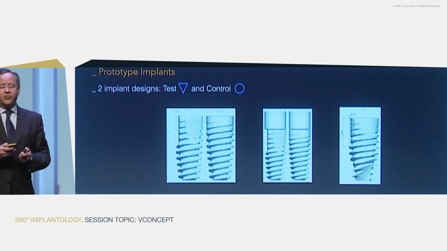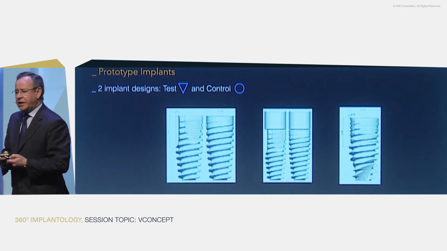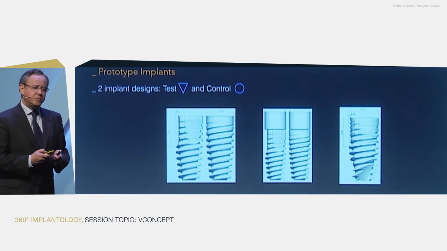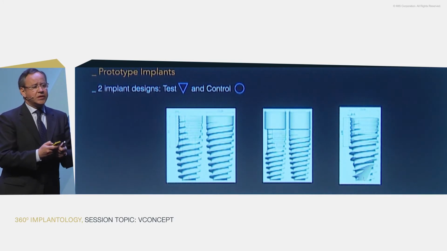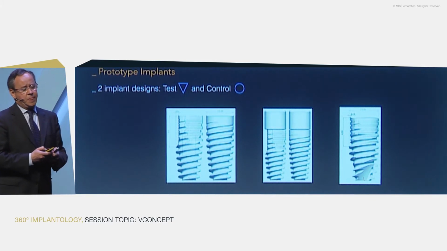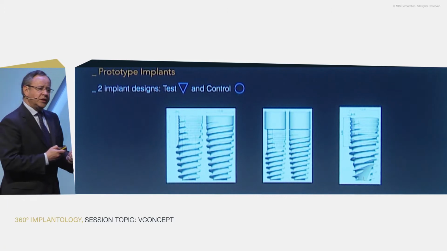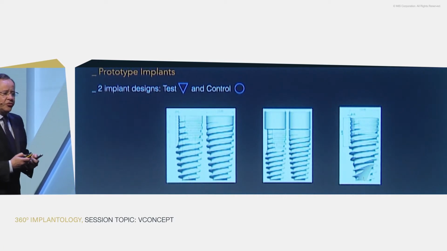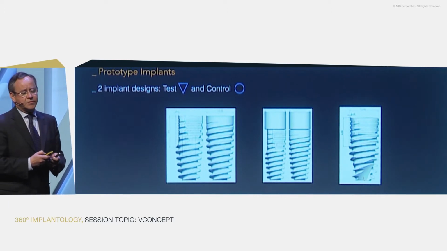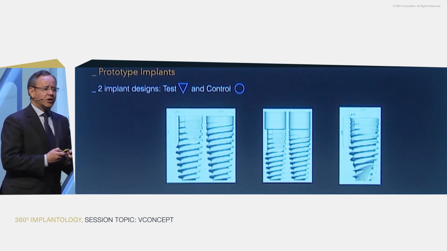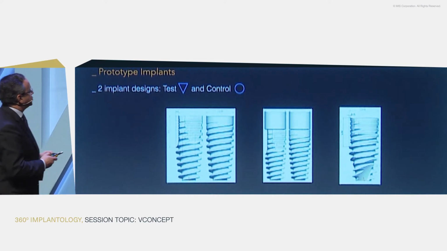I think it's important for you to realize that the implant that we use for the study is not exactly the implant that you place in your patients. We used a prototype during the development stage of this implant design. So you have to look at the outcomes also in regards to the prototype that we use.